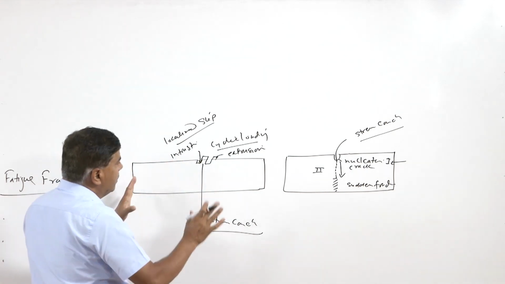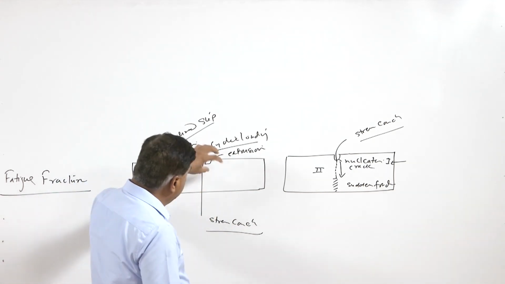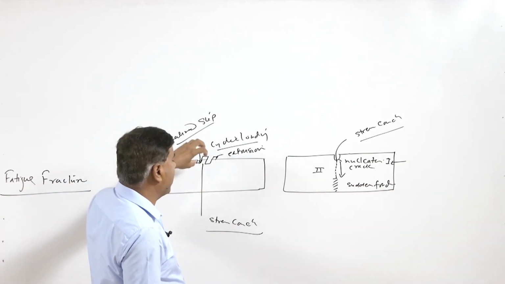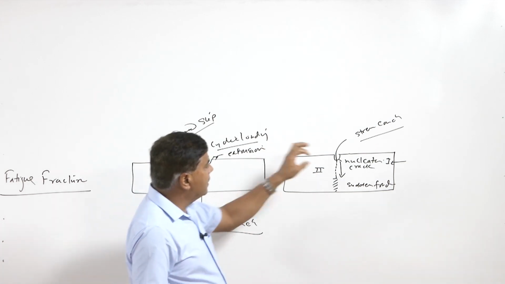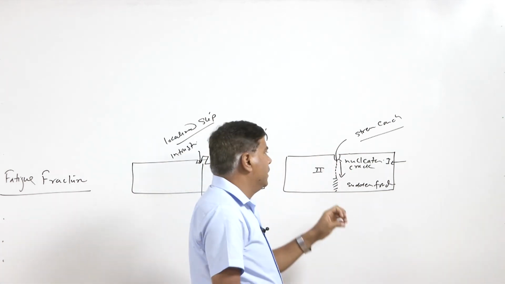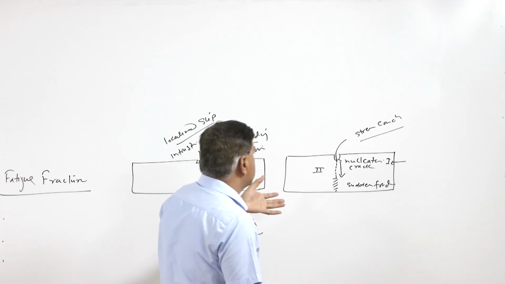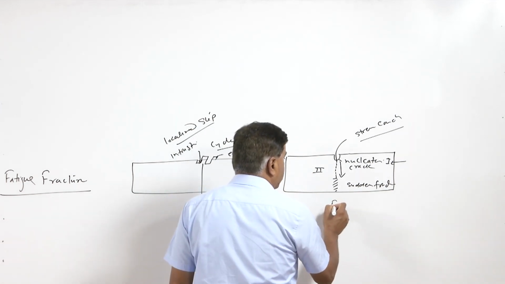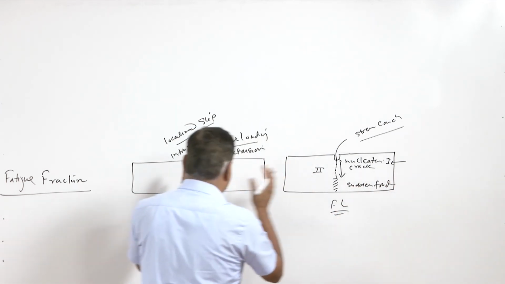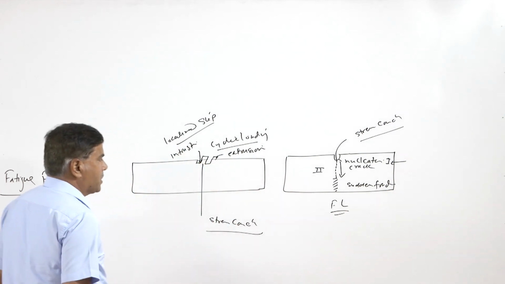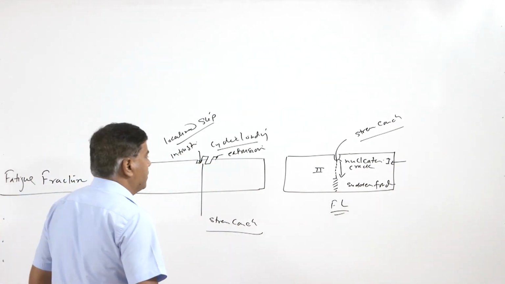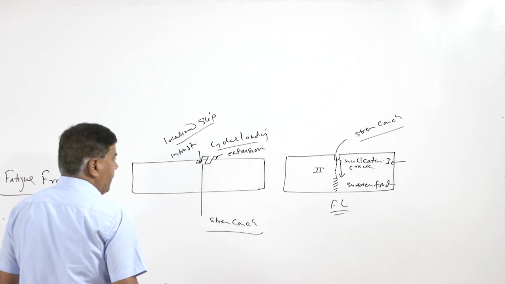In this particular case, since it takes some time to nucleate a crack like discontinuity, while in the case when there is already a notch which is acting as a stress region, the fatigue life in this case will be somewhat lower as compared to the case when there is no stress region and a smooth finished component exists.